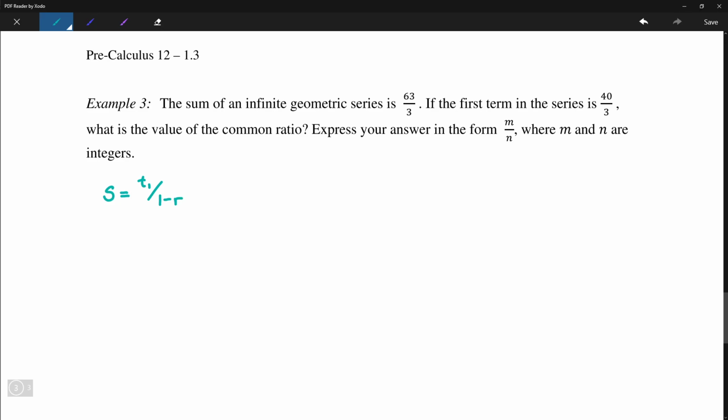We know what S is. S is 21. We know what the first term is, 40 over 3. And we want to find out what 1 minus r is. So if we get 1 minus r by itself on the left-hand side, then on the right-hand side we have 40 over 3 divided by 21.